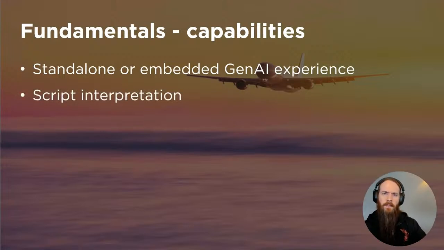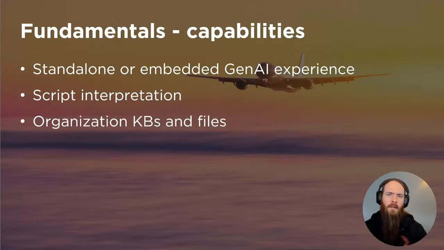Other capabilities it's got, as well as more general things like tell me XYZ, is specifically script interpretation. So if you've got an obfuscated script that might be risky or suspicious and you want to investigate that, or just a script that is doing all sorts of crazy stuff and you don't have time to decipher that, you could give it this script and say, hey, in natural language, tell me what this thing is doing.